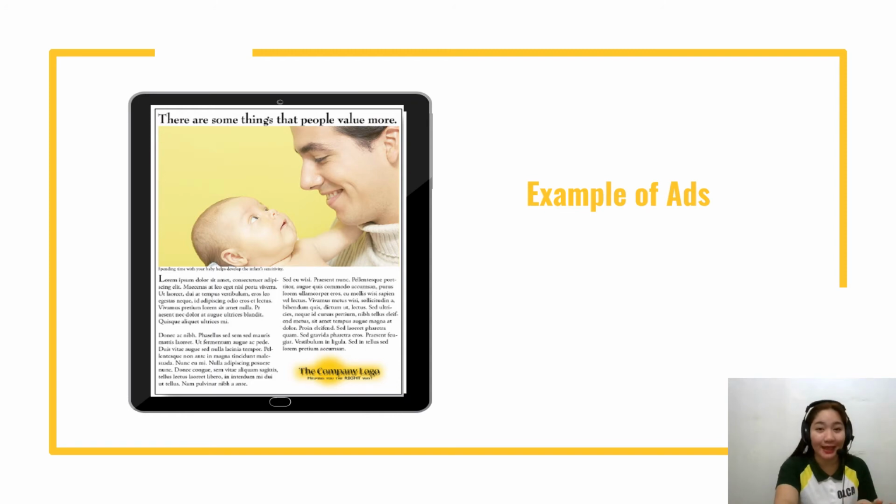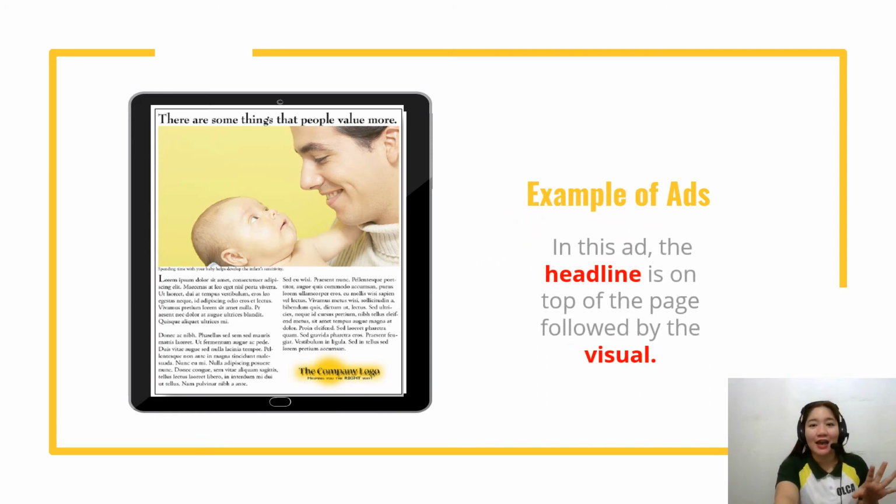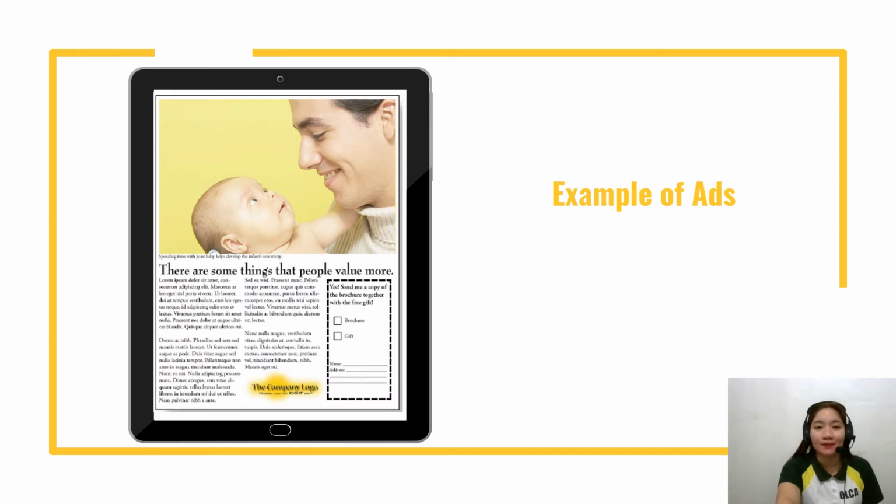Another example, class, is, of course, sometimes the headline packs a bigger punch. Okay, and should be placed before the visual. So in this ad, the headline is on top of the page followed by the visual. It can work, okay, either way.